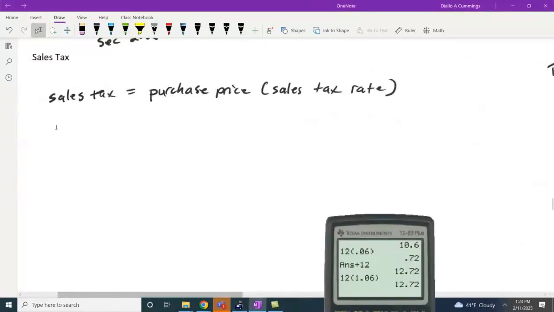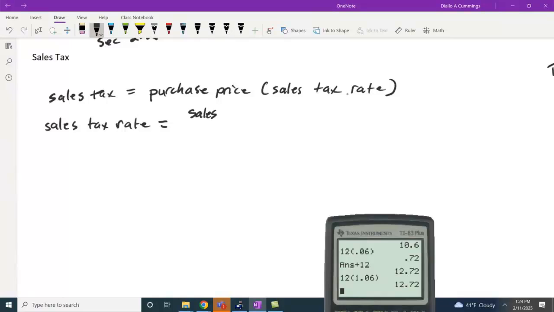All right, so here is the formula for sales tax. It's the purchase price times the sales tax rate, whatever that may be. If you want to find the sales tax rate, normally they're going to give you the sales tax rate, but if you're dealing with a problem that doesn't give you the sales tax rate, it would have to give you the sales tax amount.